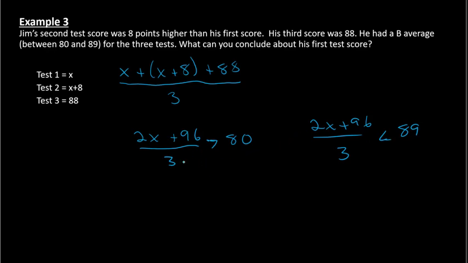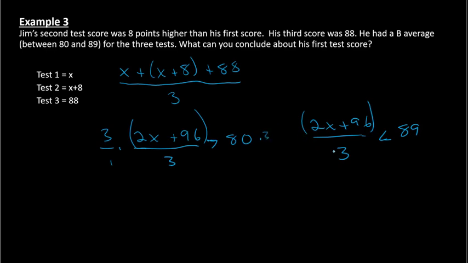All right, so from here I need to solve both inequalities. And to do that, remember we do reverse order of operations. So this numerator, think of that as being in parentheses. Parentheses we do last when working in reverse, and the division by 3 we would do first. So let's take care of the 3 first by multiplying both sides by 3.